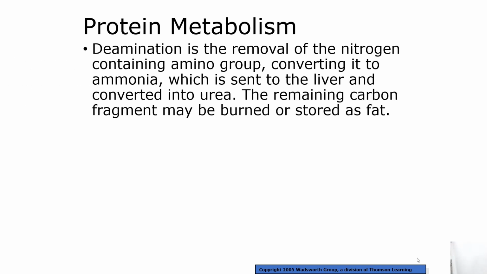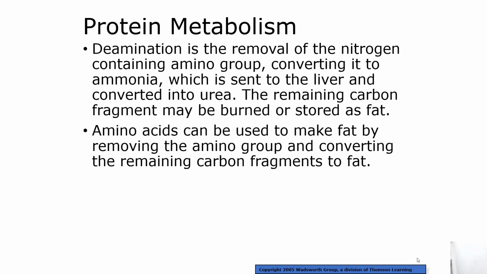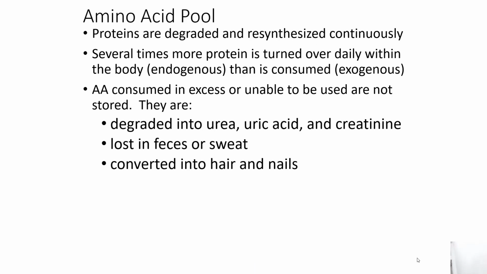Deamination is the removal of the nitrogen containing amino group, converting it to ammonia, which is sent to the liver and converted into urea. The remaining carbon fragment may be burnt or stored as fat. Amino acids can be used to make fat by removing the amino group and converting the remaining carbon fragments to fat.